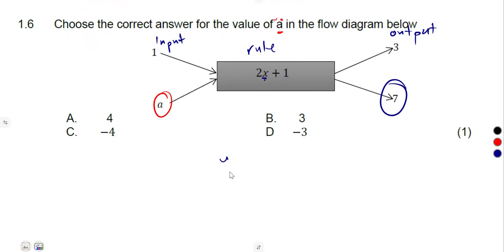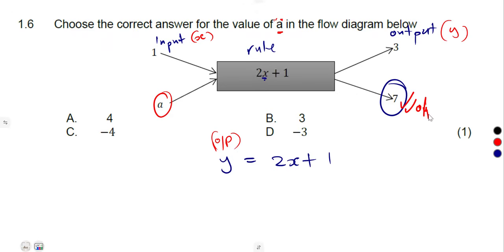So we can say y is equal to the rule that we are given, which is 2x plus 1, where the input represents the x values, the output represents the y values. So this is output. Our output is the one that we are given.